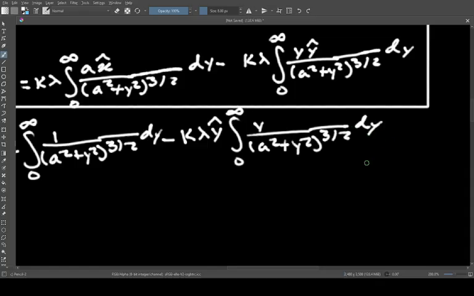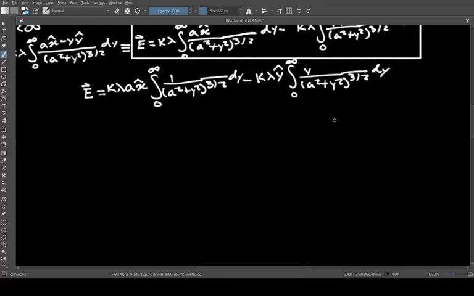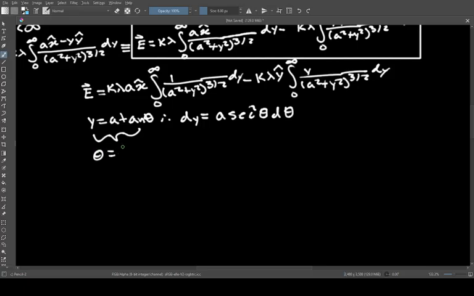Now, how can we solve this integral? Try to remember your trig substitution. We can say that y is equal to a tan theta, therefore dy is equal to a secant squared theta d theta. Solving for theta, you get theta is equal to tan inverse of y over a.